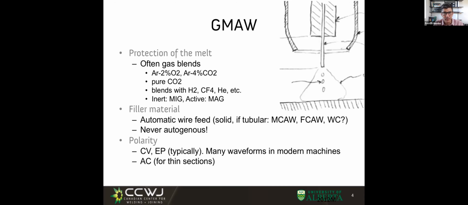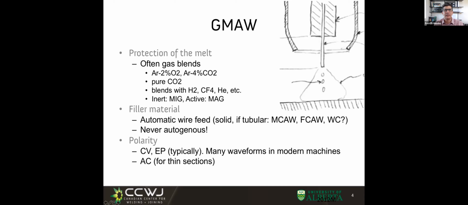What happens is that if we use pure argon when welding steels, the arc is kind of erratic. And if we use a little bit of oxygen, we create a little bit of local oxidation, and these oxides, especially at the cathode, stabilize the arc a lot.